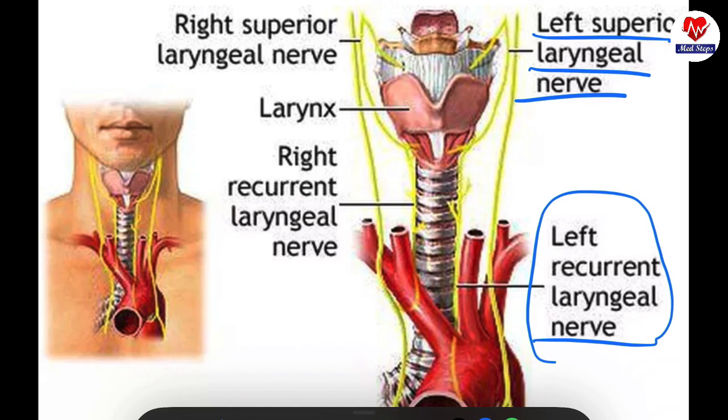Injury to the recurrent laryngeal nerve causes hoarseness, one of the most feared complications in thyroid surgeries.